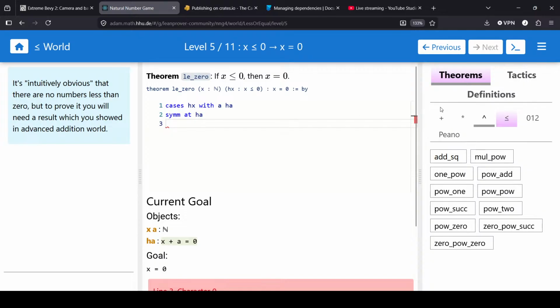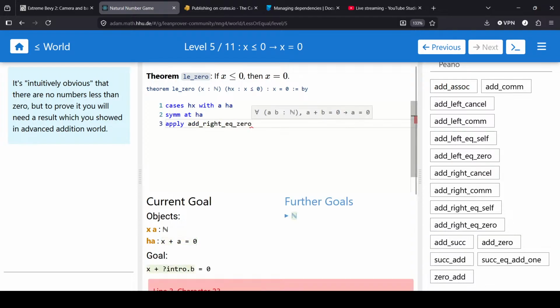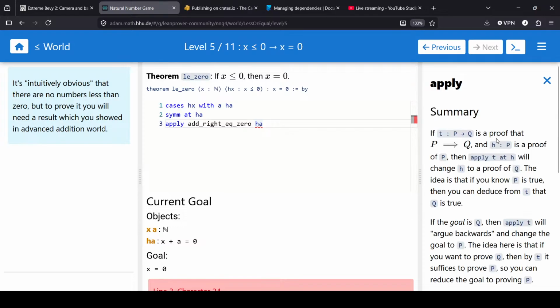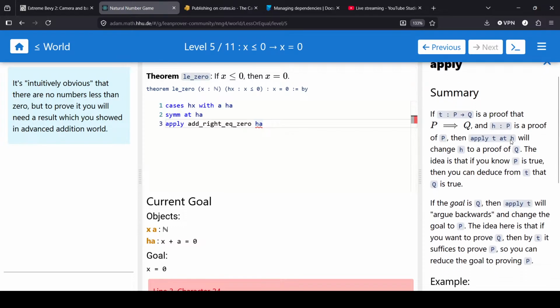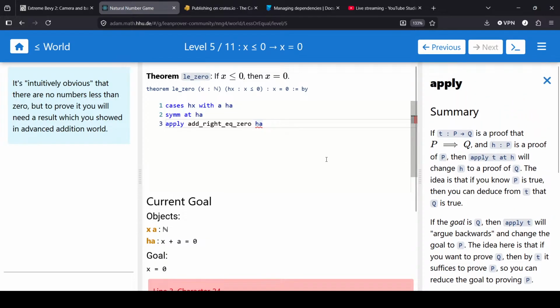So now I can use my add right eq 0, right? Or I guess I'd have to apply it. Okay, how do I apply? Apply. I guess I'm not really.